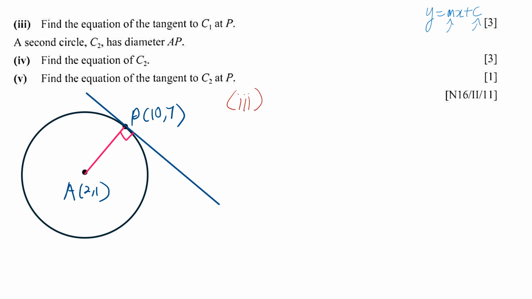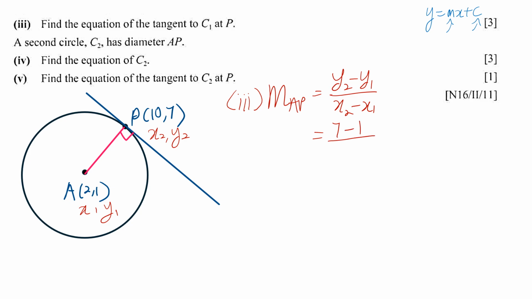So the gradient of AP, do you remember the formula to find gradient given 2 points? Yes, the formula is y2 minus y1 over x2 minus x1. So that will give you 7 minus 1 over 10 minus 2, and that gives you 3/4.